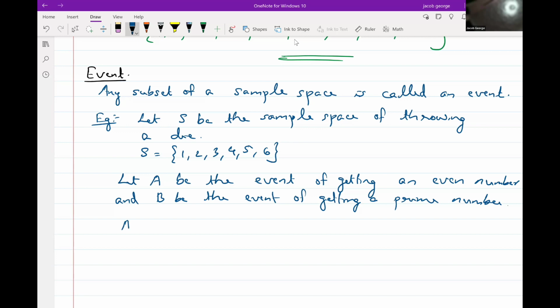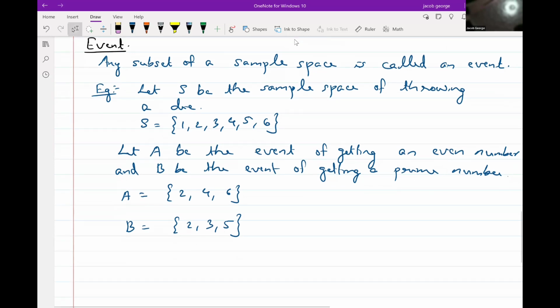Then A is equal to set of all 2, 4, 6. And B is equal to set of all 2, 3, 5. Even number and prime number.